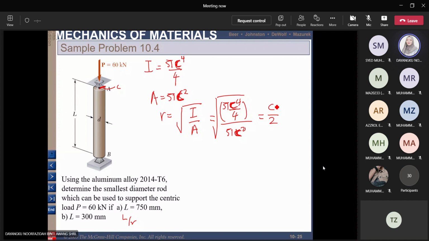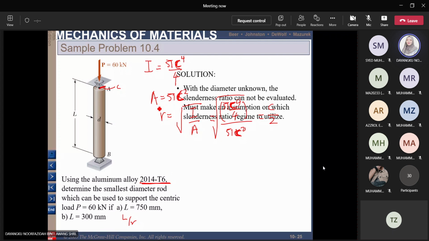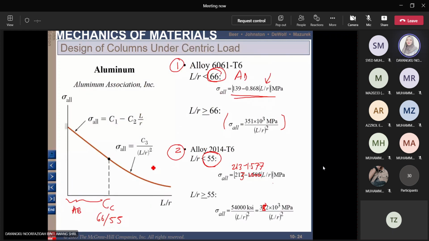Okay, so if we have our 2014 T6 here, and then we have our L over R over here, let's look into the equation. So the equation is this part here. We will use this part here in which we will have either L over R smaller or bigger than 55.